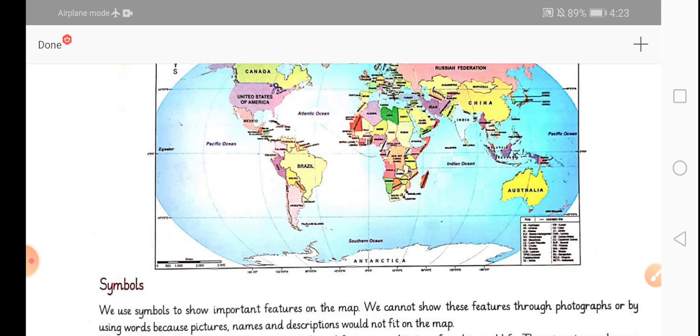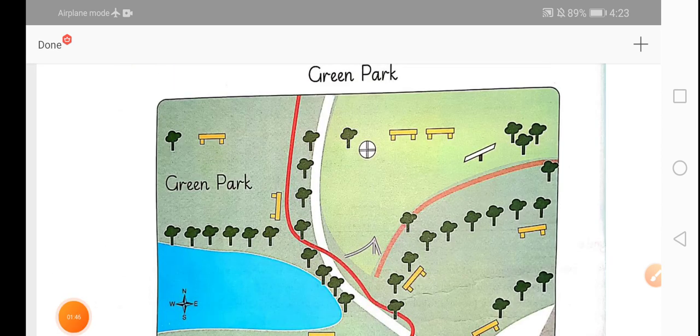So, the title of the map tells you about the area that the map is telling us about. There is another map on page number 28. If you look at the title, it says Green Park, which means that the map is telling us about the location of all the important places in Green Park. This is a map of a park and its name is Green Park.